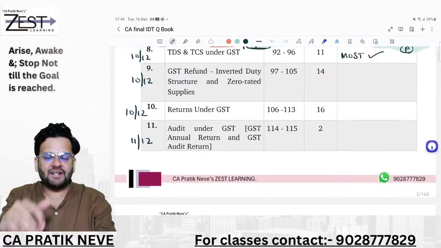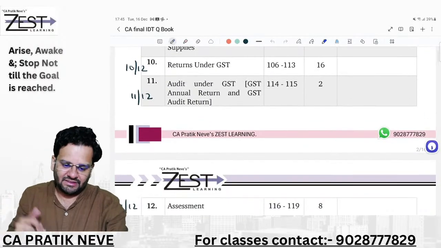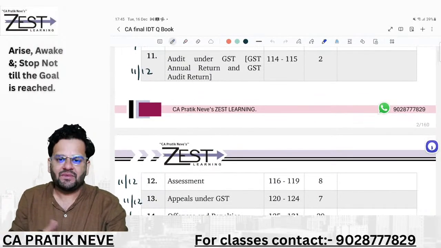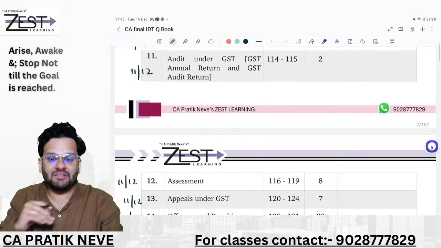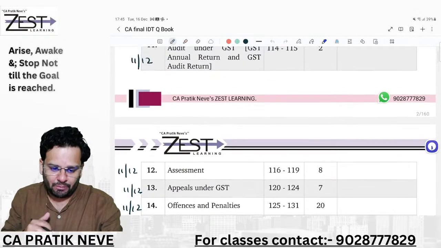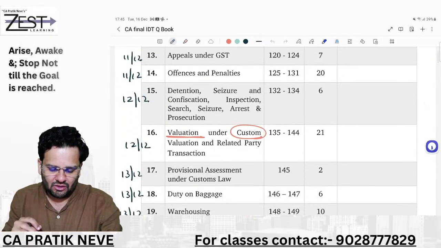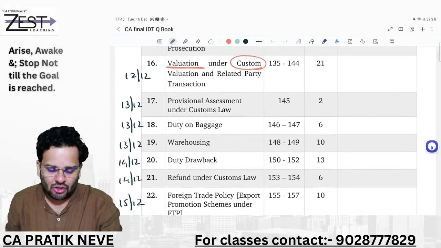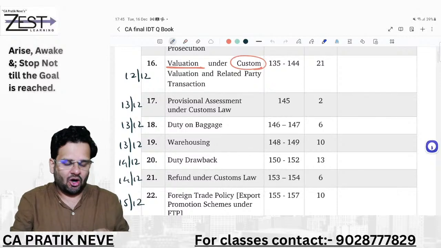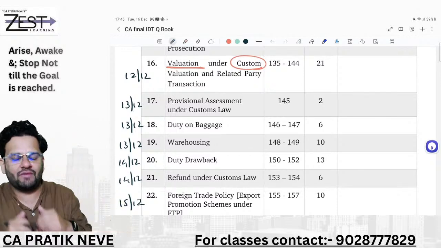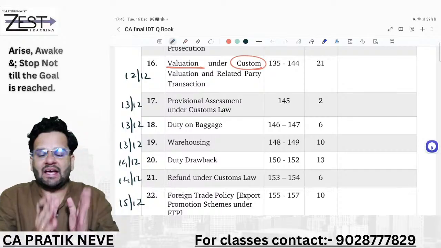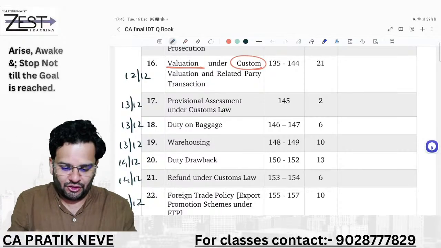Refunds and returns we are yet to do. We have also done questions on valuation of imports, valuation of exports, and types of duties.